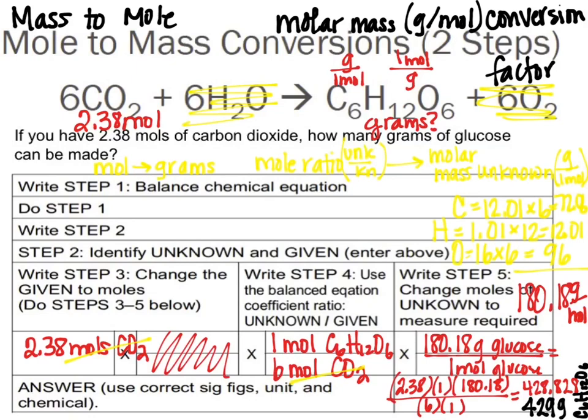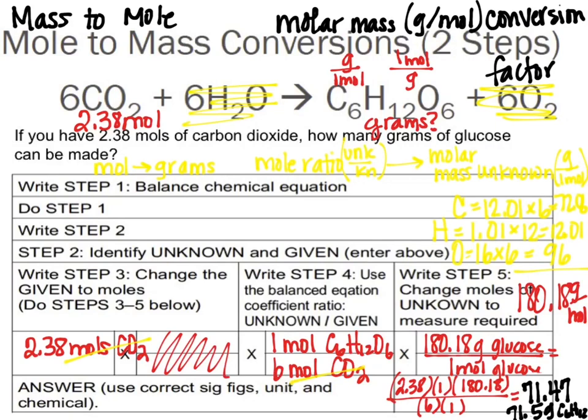You're supposed to divide it by 6, right? Yes. It's like 71.47. And if we take it to 3 sig figs, then it should be 71.5 grams of glucose.